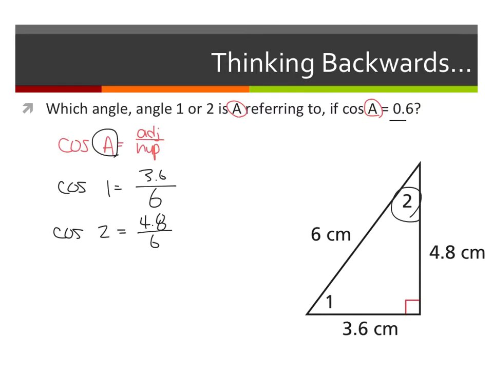Let's see which one is 0.6, so we know what angle A was all along. So that you can reduce that.